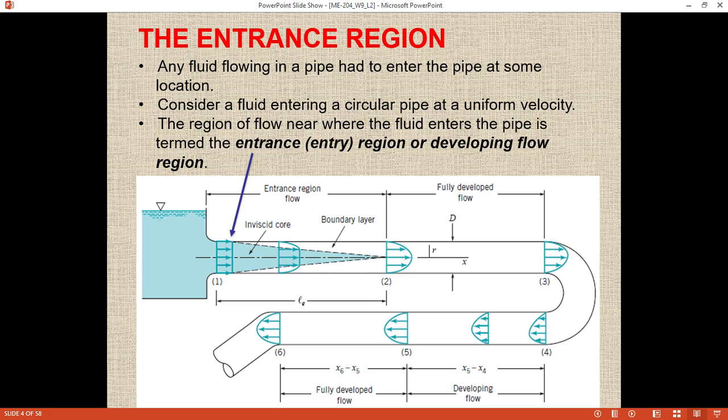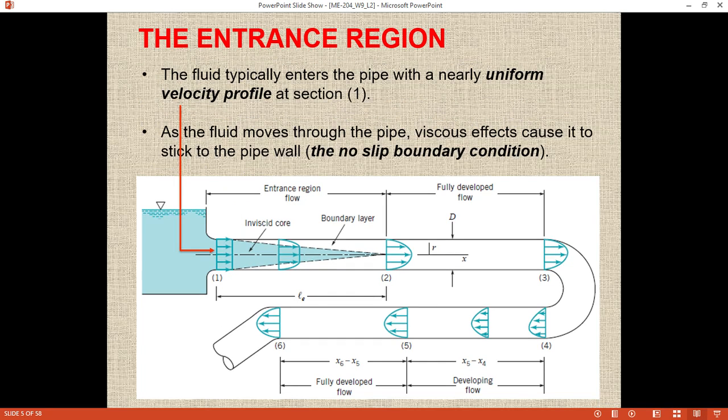The region where it is entering is called the entrance region, or also the developing flow region. When it enters the pipe, how the fluid flow changes, that we will observe. Let's move on to the next slide.